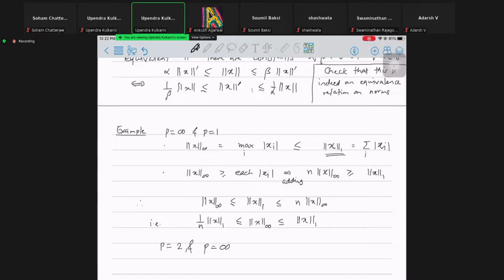How about the second one? The only thing that needs to change is that over here, I don't use this. Instead, what do I do? Because you see, I'm not adding the absolute values of xi's. I'm adding the squares of the absolute values of xi's. So instead of writing that equality, I simply square both sides.